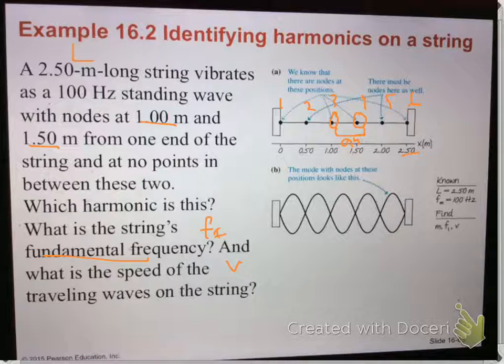So if I have 6 nodes, that means I must have 5 antinodes. So here we have 1, 2, 3, 4, 5. So we know this is the 5th harmonic. So that's the first part.